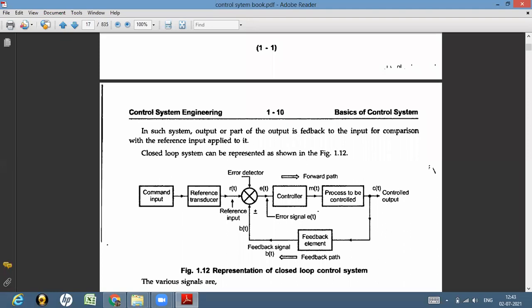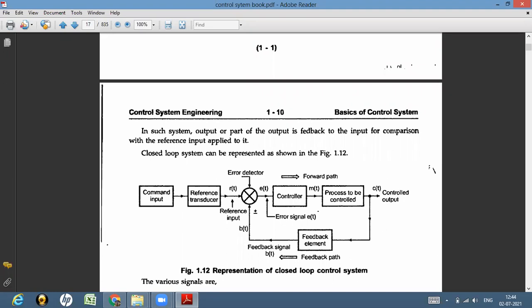So what will happen? A control system becomes an uncontrolled system because there is some error present. Maybe your heating element got damaged. Maybe the thermostat inside the geyser is not working properly. Maybe your inlet valve has some problem, so the cold water is not getting inside the geyser.